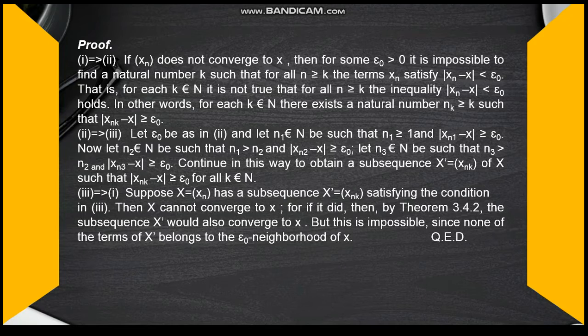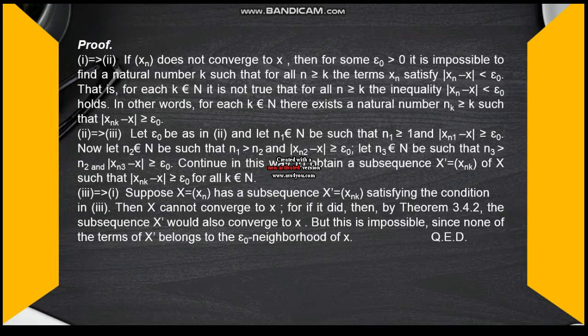That is, for each k in N, it is not true that for all n greater than or equal to k, the inequality |xn - x| < epsilon 0 holds. In other words, for each k in N, there exists a natural number nk greater than or equal to k such that |x_{nk} - x| is greater than or equal to epsilon 0.